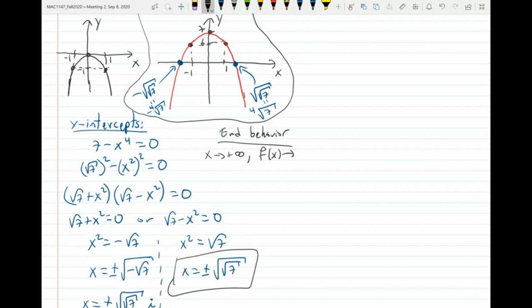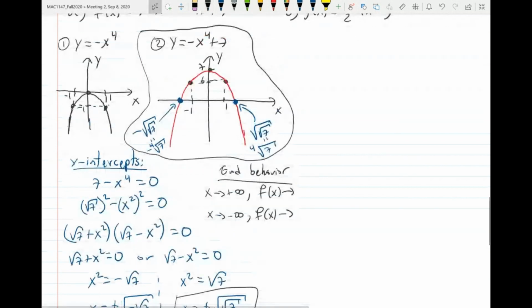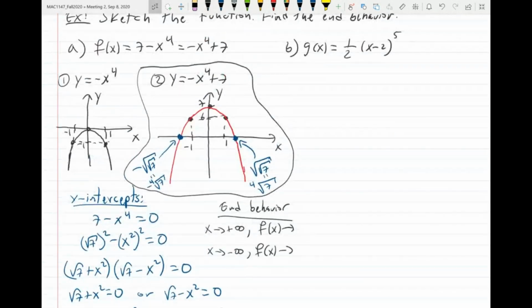As x approaches negative infinity, you need to tell me what happens to the function f. So let's see, what's the end behavior of this function? When x approaches positive infinity, what can we say about f? Remember, f is the same thing as y. F of x equals y. So what can we say about f of x? Negative infinity, very good. And what happens as x approaches negative infinity?